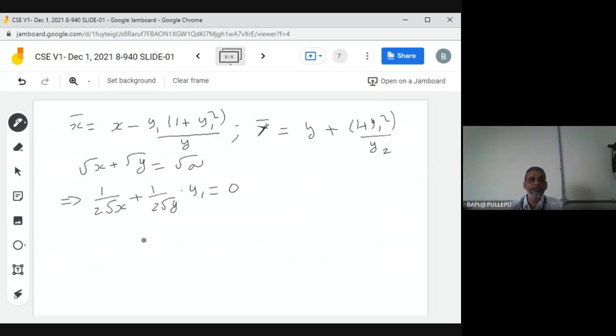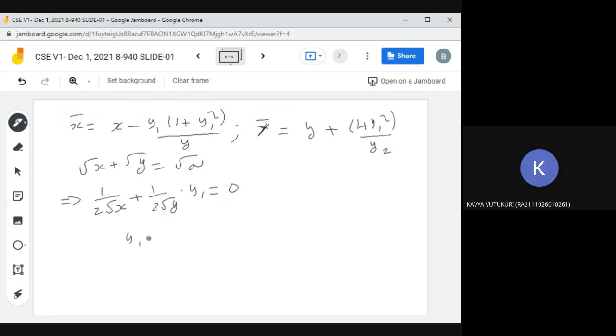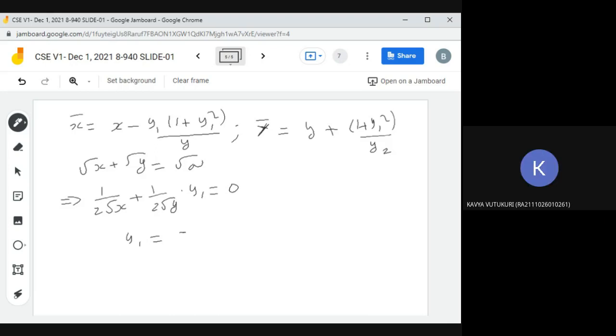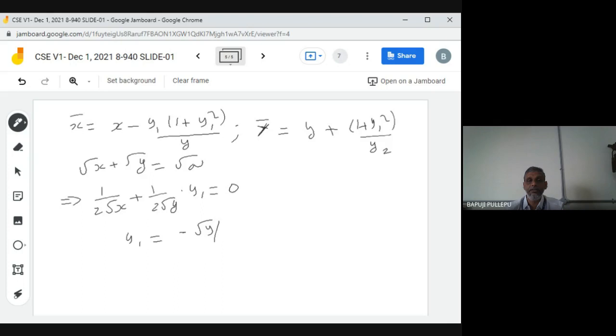Then y1 is equal to minus root y by root x. So y1 at a by 4, a by 4, x value and y value same, will cancel. So what is the value? Minus 1. Very good.